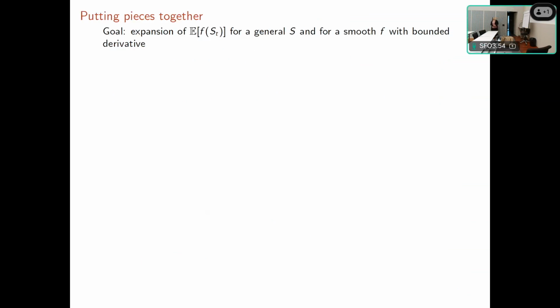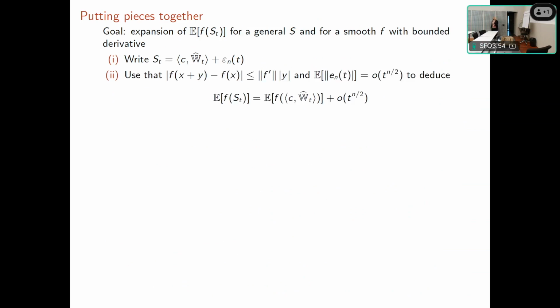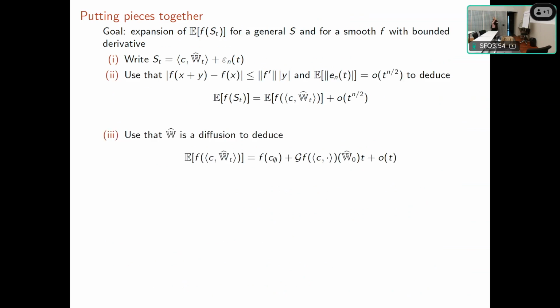Putting pieces together, if you want to write your expansion, you can start by saying: I have a process which is an iterated integral of time and Brownian motion. How many Brownian motions do you want? Plus an error term. You get rid of the error term using Taylor and you stay with your linear combination of the signature.